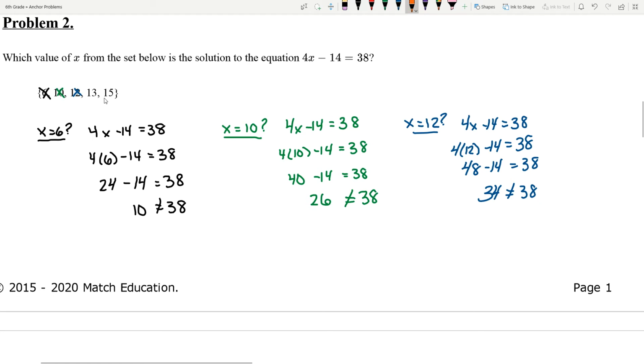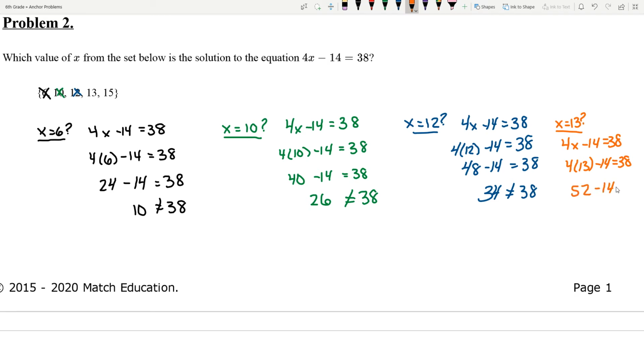And we continue on. 13. Could x equal 13? 4x minus 14 equals 38. 4 times 13 minus 14 equals 38. 4 times 13 is 52.